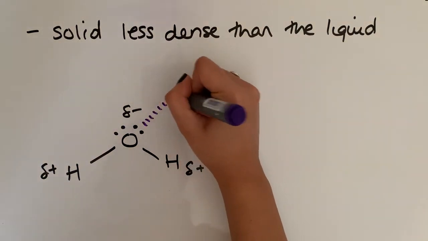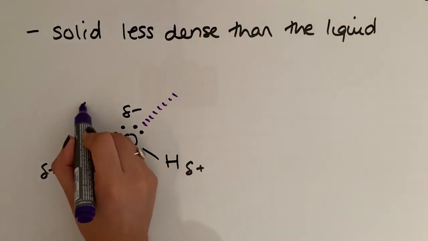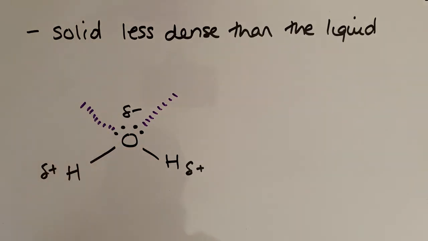So I'm not going to draw the other water molecules in, but that one can form a hydrogen bond. This one can form a hydrogen bond. Each hydrogen can take part in a hydrogen bond. Okay, so one water molecule can participate in 4 hydrogen bonds.